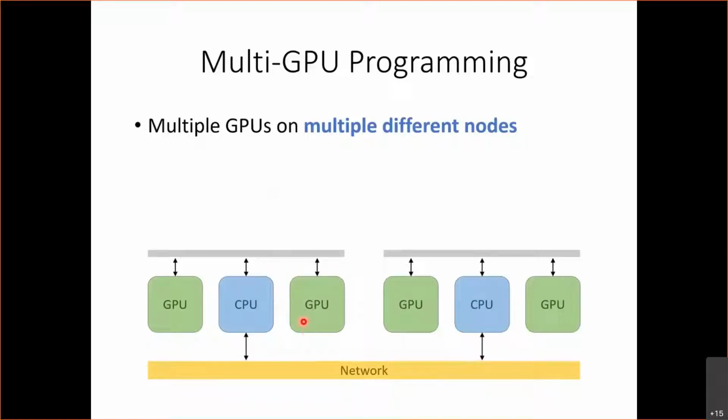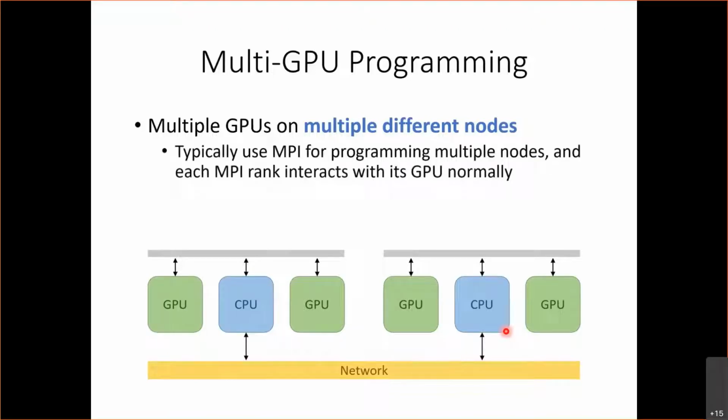In this case, I would want to coordinate work not only across multiple GPUs connected to a CPU, but also across GPUs connected to different CPUs on a network. And in this case, we typically use something like MPI, the Message Passing Interface library, which allows us to program multiple CPUs connected over a network.